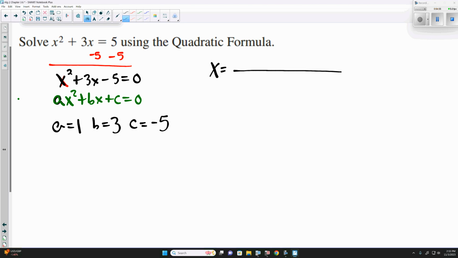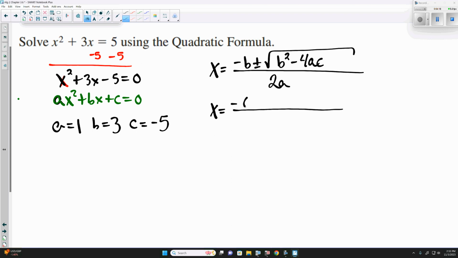Now the equation is x is equal to negative b plus or minus the square root of b squared minus 4ac all over 2a. Now we need to plug in the values of a, b, and c into this equation. Well, the value of b is what? 3.